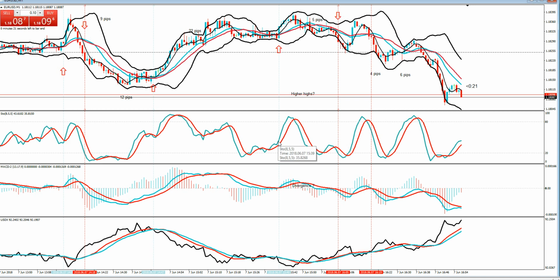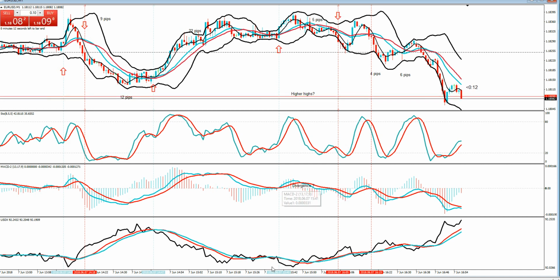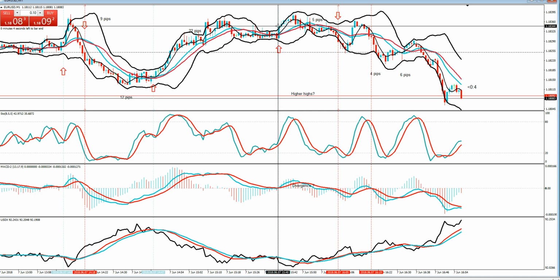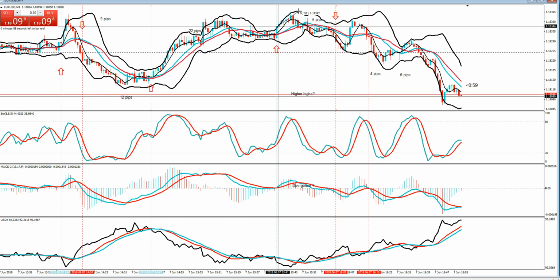So we have a blue above a red. We have the histogram moving in an upward direction above the zero axis, blue over the red here. More importantly, on the US dollar index, we can see that this is starting to move in a downward direction. Our trigger line is underneath, and sure enough, price pops up to the upside. There are 5 pips to be had there.